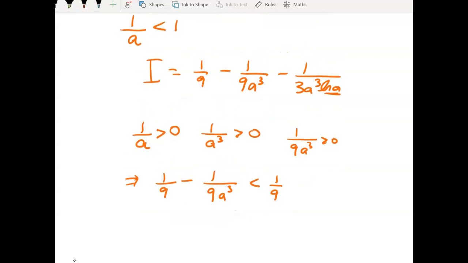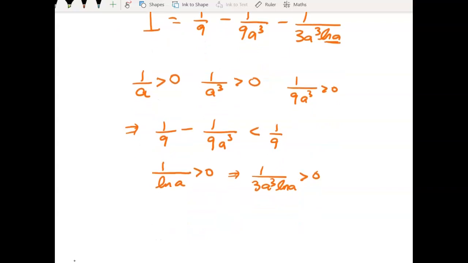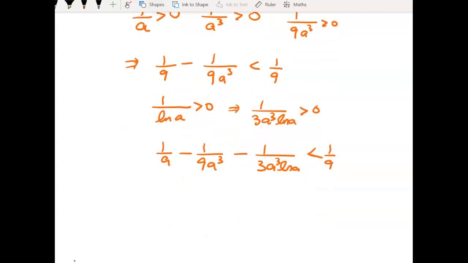And similarly, the natural log of a is positive, so 1 over 3a cubed times the natural log of a is also positive. So 1/9 minus both of the terms is still going to be less than 1/9, right? Because all of this stuff here is positive.